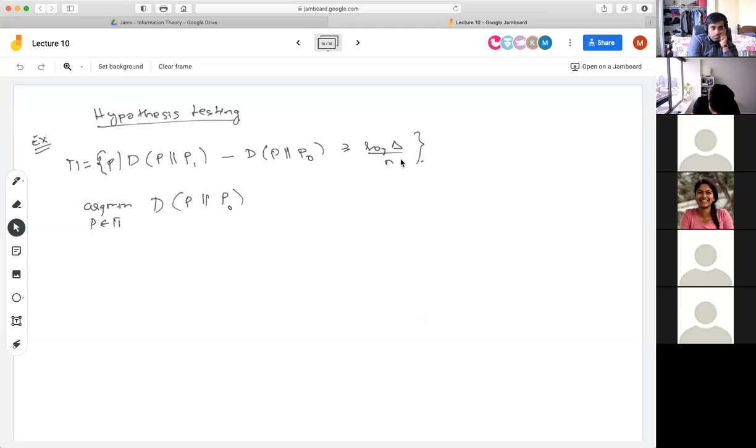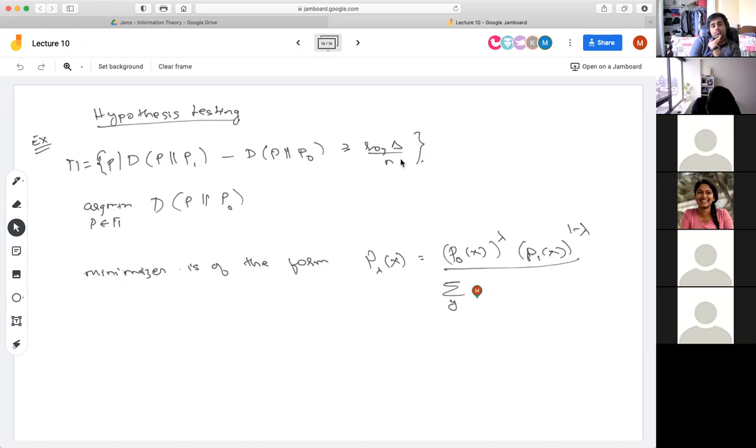So check that the minimizer looks like this. The denominator is there so that the whole thing sums up to 1.